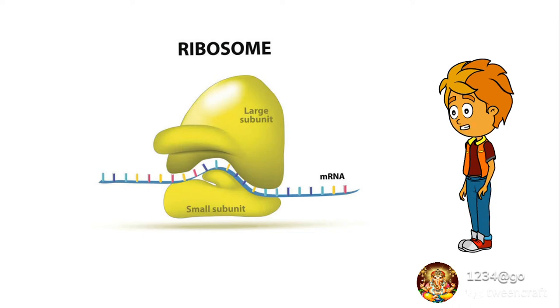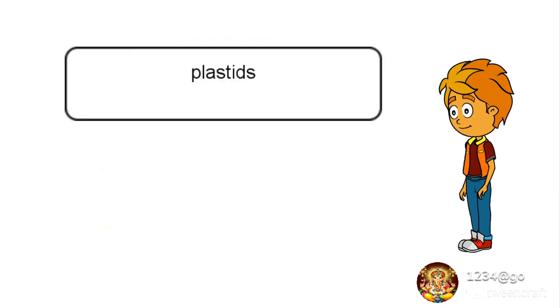They are not bounded by a membrane. The two main constituents of ribosome are RNA and protein. Function of ribosome. It is the site of protein synthesis.